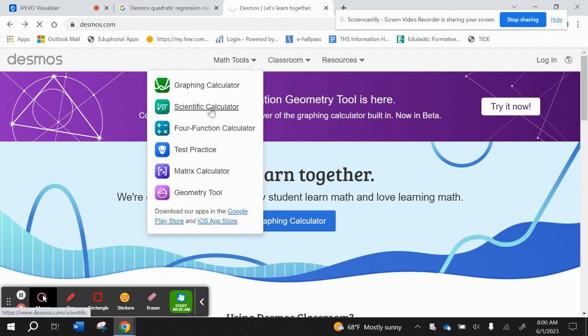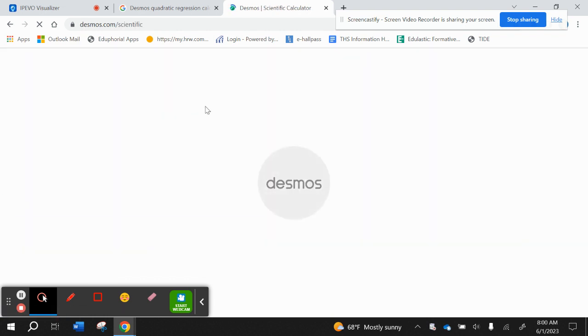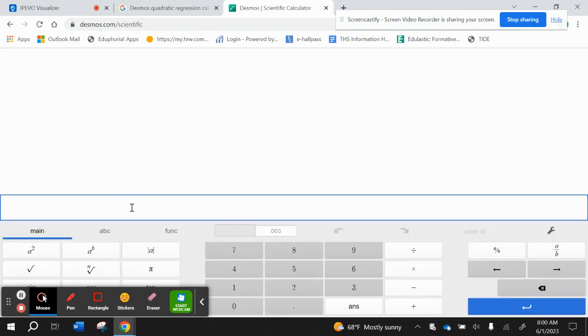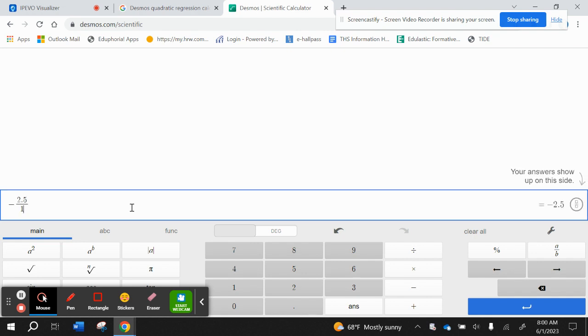Scientific calculator. All right, so negative 2.5 divided by 16. Now, we want to round that to the tenths. That becomes negative 0.2, because the 5 rounds the 1 up to 2.